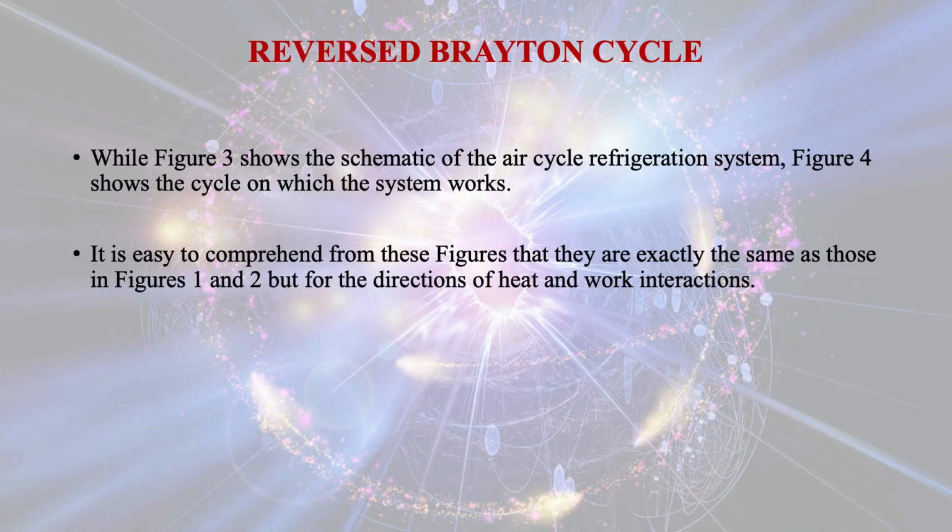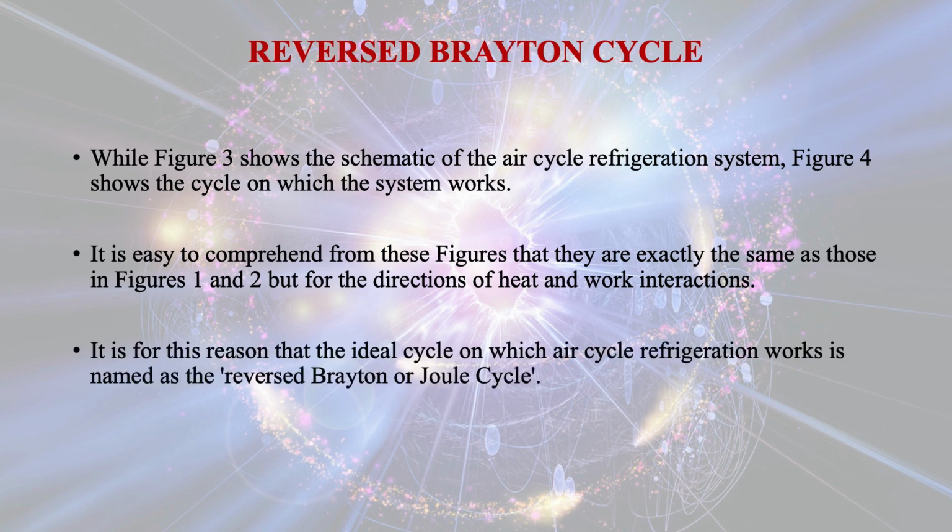It is easy to comprehend from these figures that they are exactly the same as shown in figure 1 and 2, but the direction of heat and work interactions is reversed. It is for this reason that the ideal cycle on which air cycle refrigeration works is named as reverse BRAYTON or JOULE cycle.